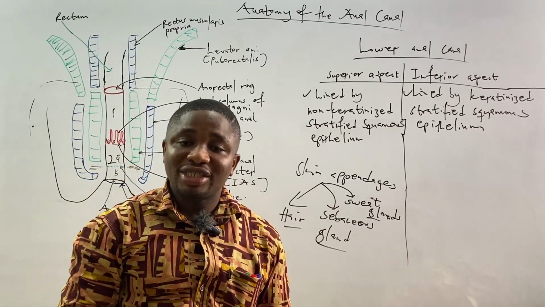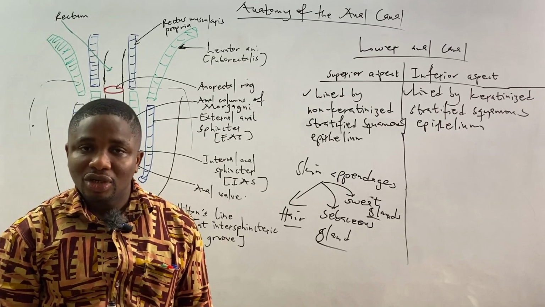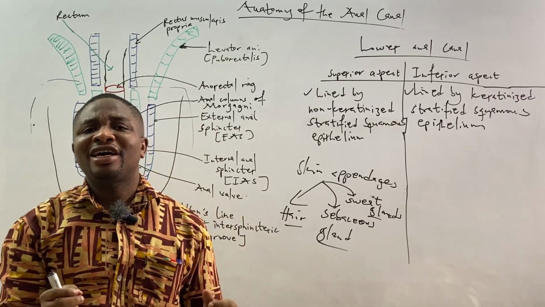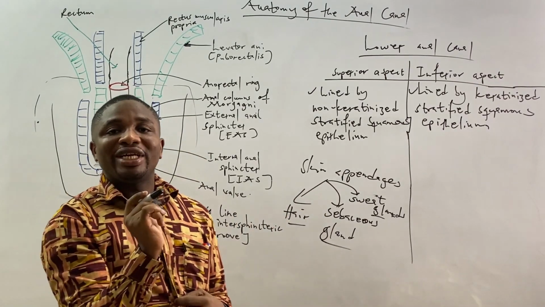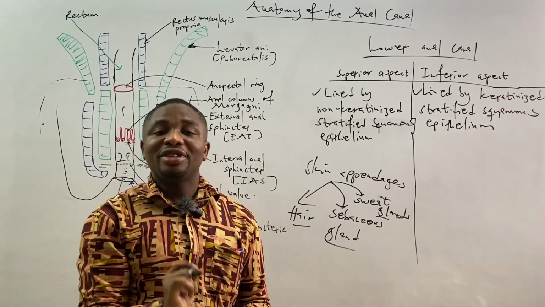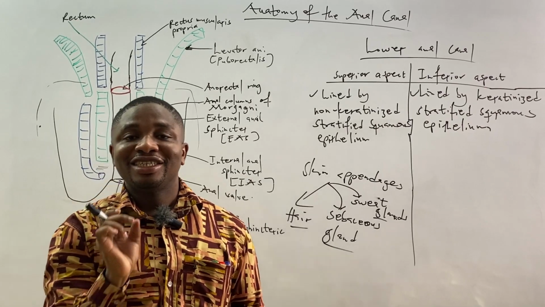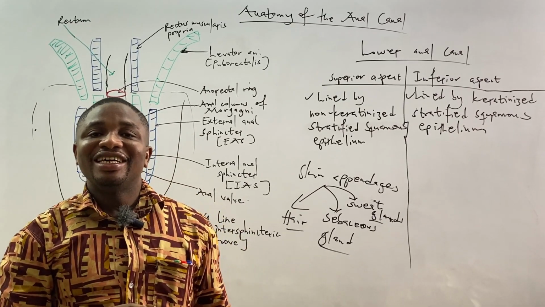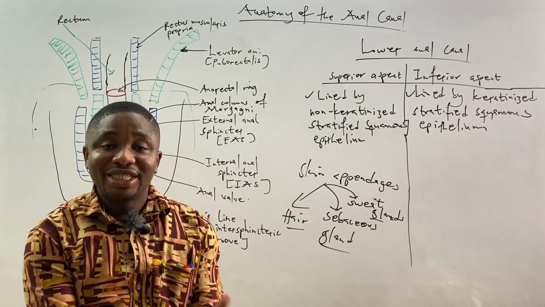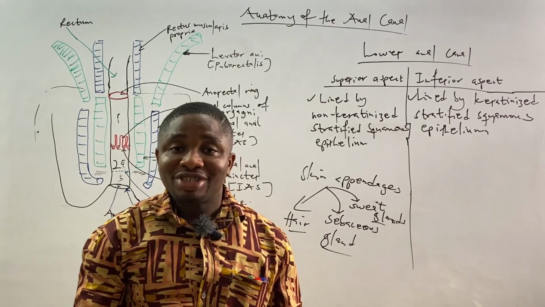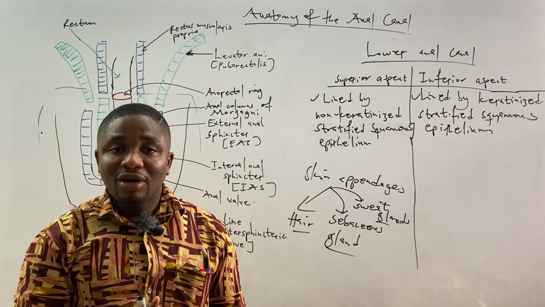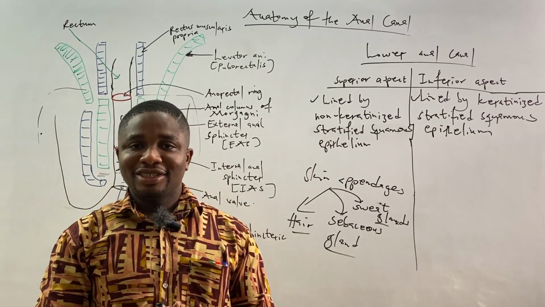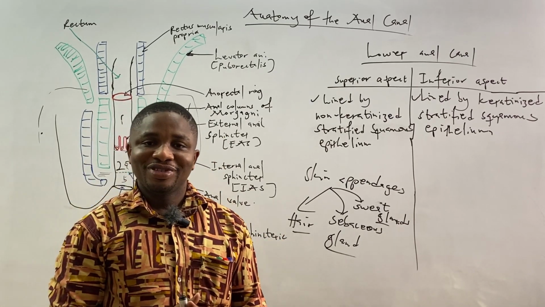The keratinized stratified squamous epithelium of the inferior aspect of the lower anal canal lacks the skin appendages, the hairs, the sweat gland, sebaceous glands. But if you take the epithelium of the anal skin, they have the skin appendages, meaning that the epithelium of the anal skin is going to be described as a keratinized stratified squamous epithelium with skin appendages. I hope that makes sense to you.